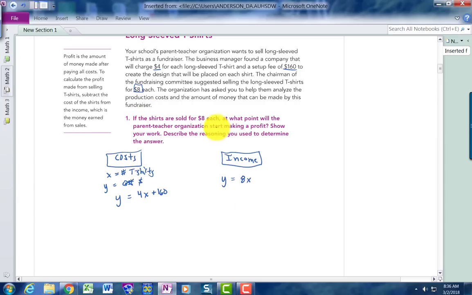Okay, now they want to know when you're going to make a profit. Profit is where you take all of your income and then you subtract out how much money you paid out to actually make the t-shirts in the first place. So income minus costs.